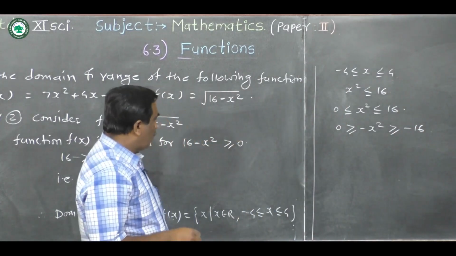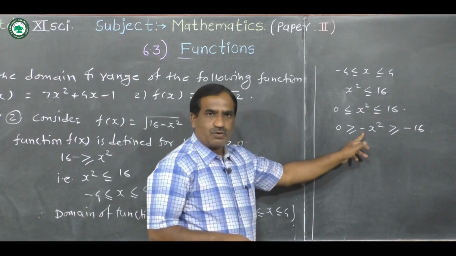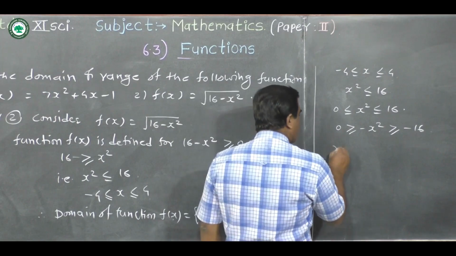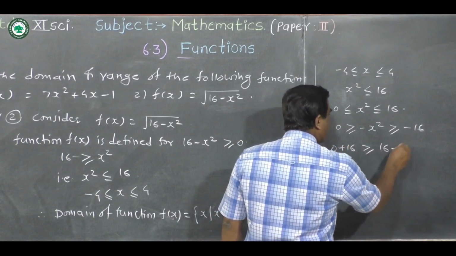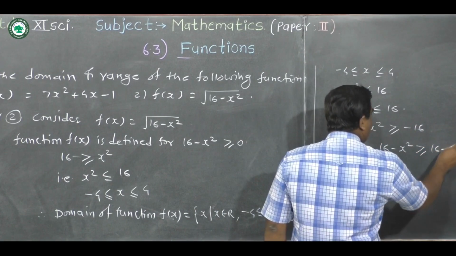Okay, now we want this 16 minus x square here. Therefore, adding 16 to each term, we can write 0 plus 16 greater than or equal to 16 minus x square greater than or equal to 16 minus 16.